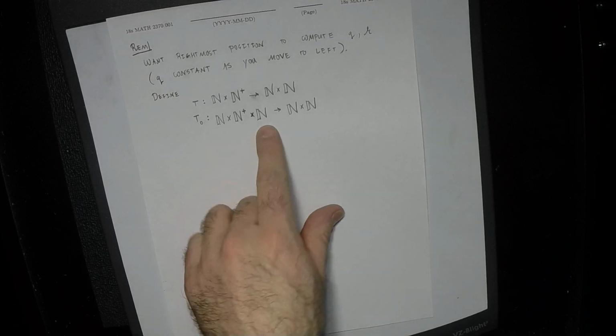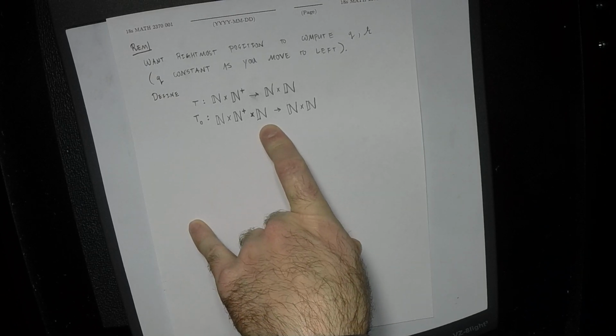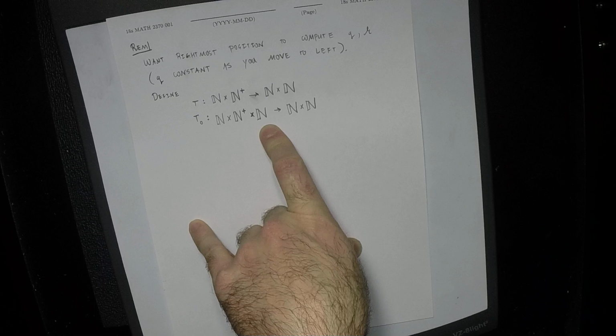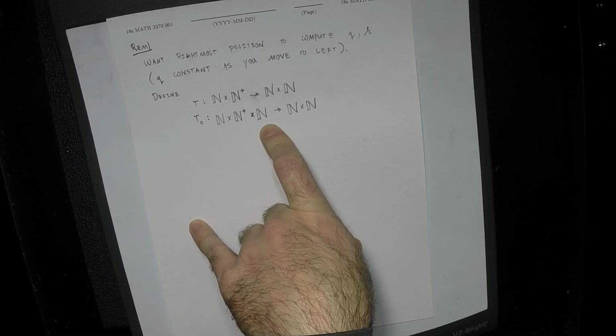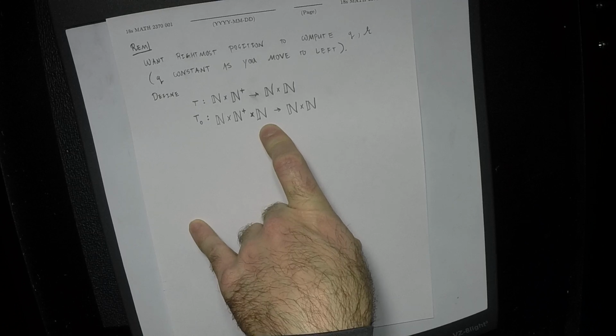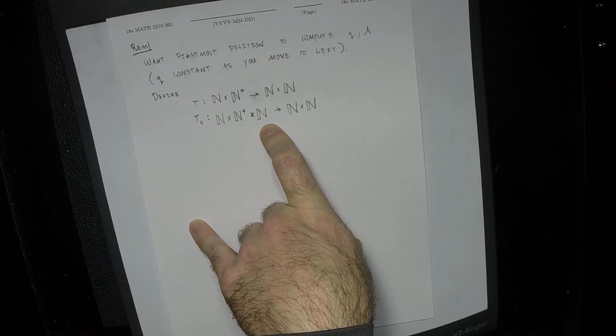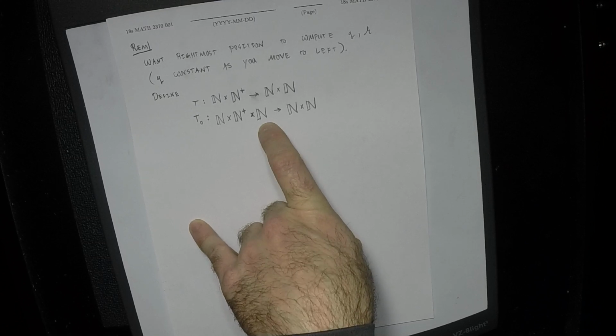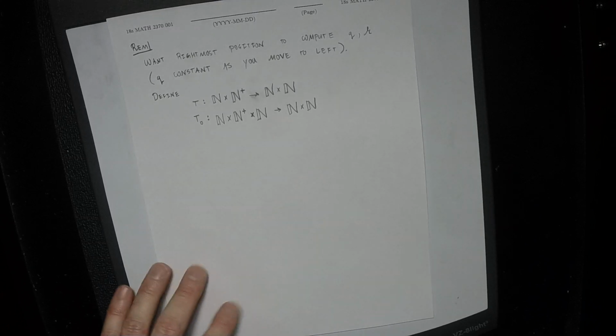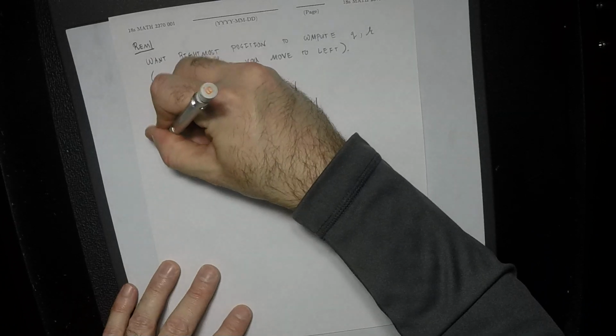This third argument that T0 has, its purpose, what it actually does, is keep track of how many quotients there are so far. That's its purpose. And we'll define these in the following way.